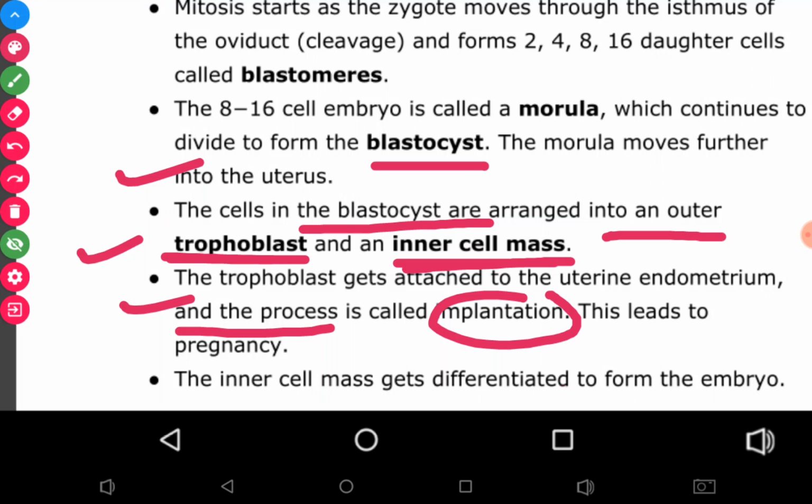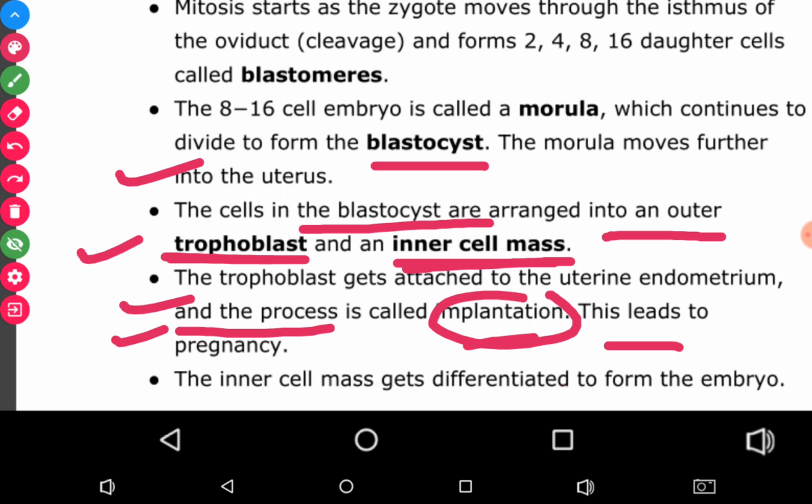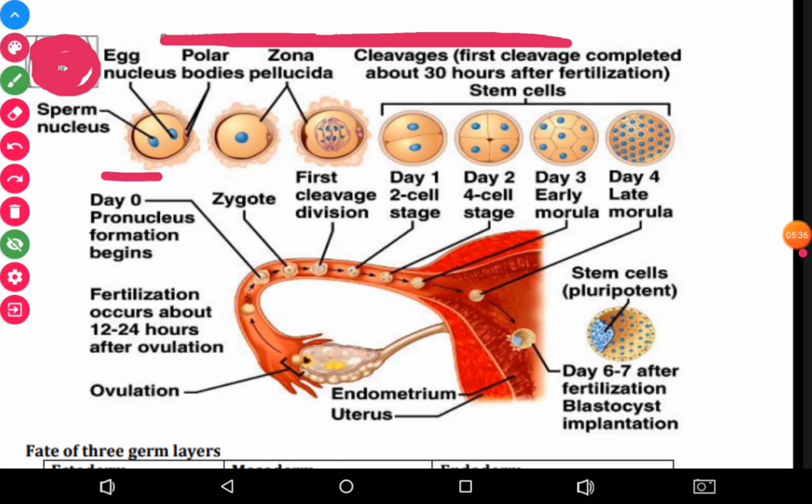The trophoblast gets attached to the uterine endometrium, and the process is called implantation. This leads to pregnancy. The inner cell mass gets differentiated to form the embryo. Now this structure, the blastocyst, or we can say blastula, further changes into the structure called gastrula.